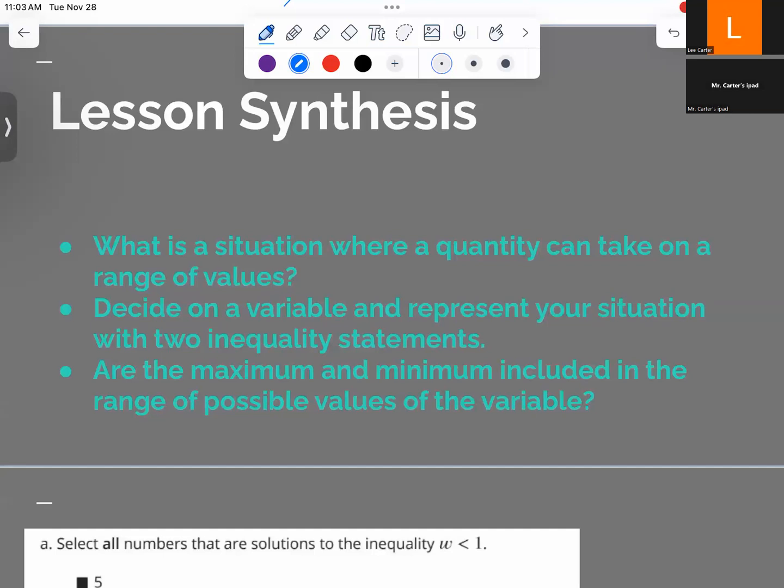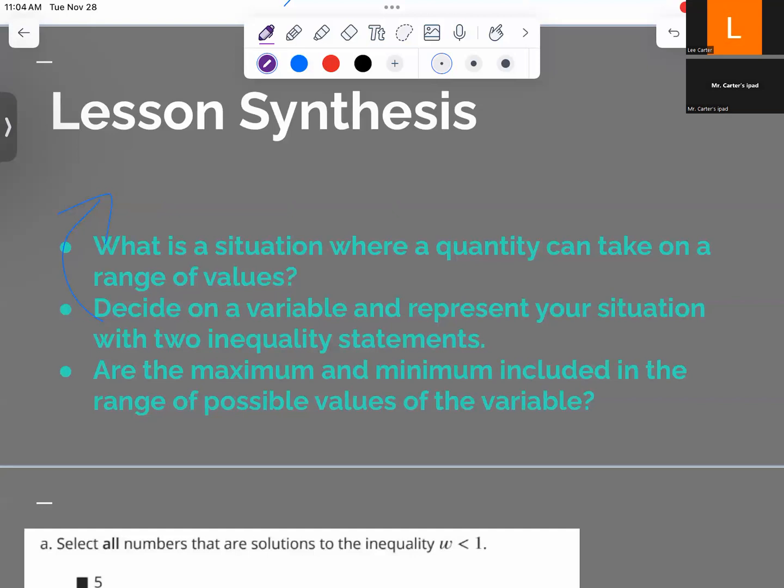So for example, I'm going to give you the example of the speed limit. If the speed limit is, all right, so I'm going to do speed is S. So S is less than or equal to 55 miles per hour. And that would be a less than kind of thing. But it's actually in this case talking about a range of, between two things. So I'm going to go with a different one here.